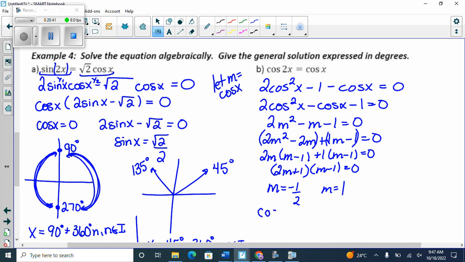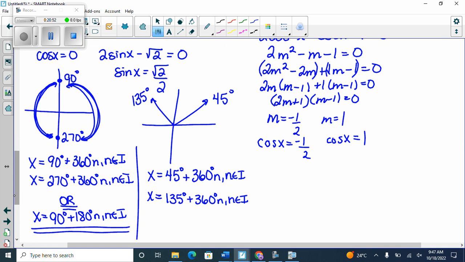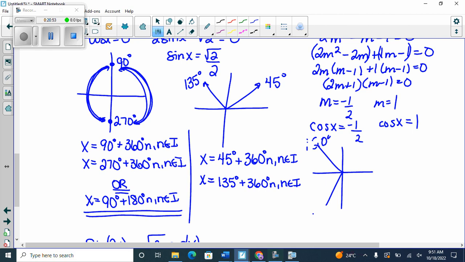So this one is cos x equals negative a half, and then cos x equals 1. 120, 240.